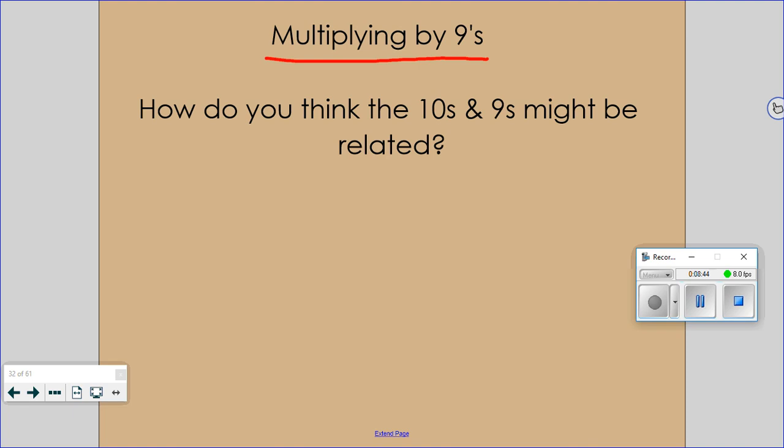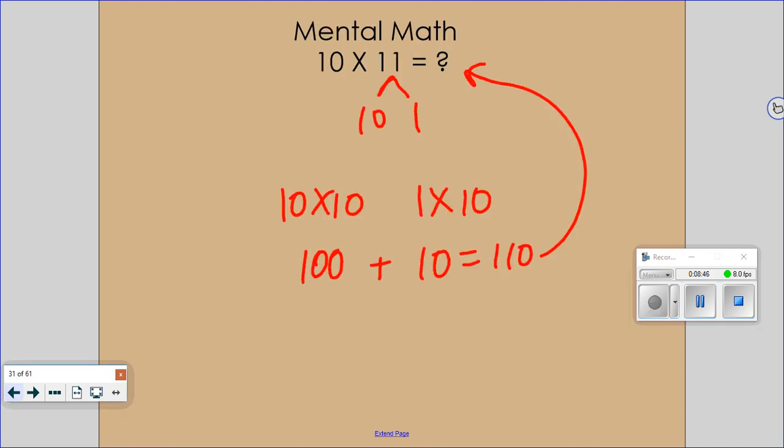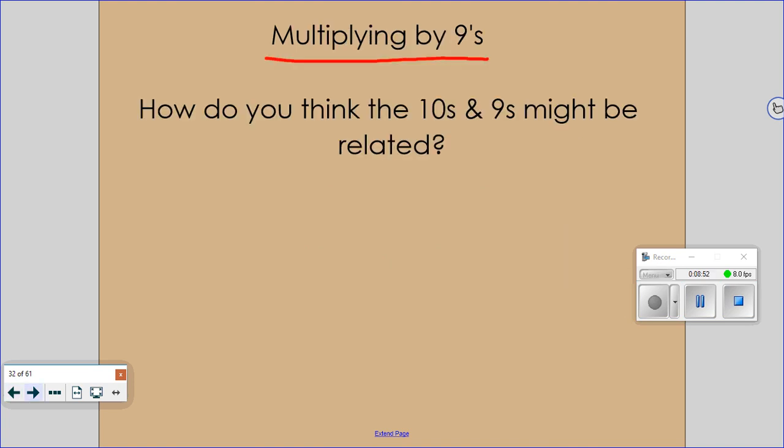Think back to when we just did mental math. 11 was just 1 more than 10. So our 9 is just going to be 1 group less than 10. Let's write that down. The 9s.